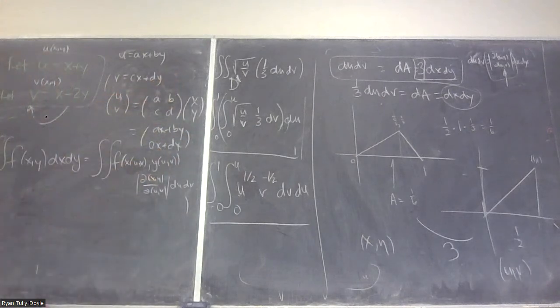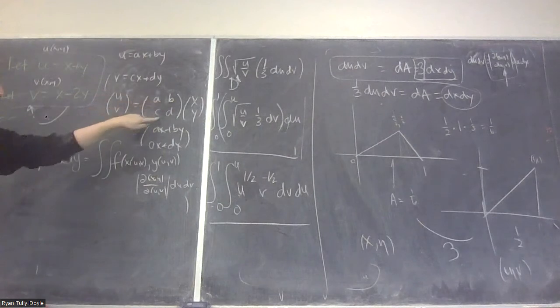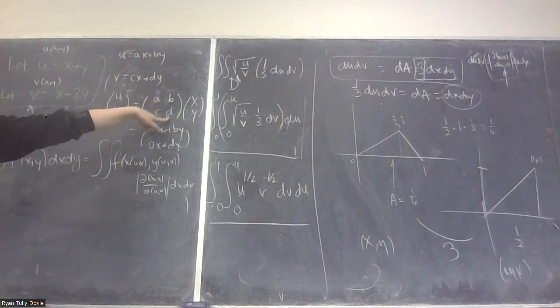It's just immediate. I shouldn't have been so glib about reading it off. But all I did was read off the 1, 1, 1, minus 2 that I got there.